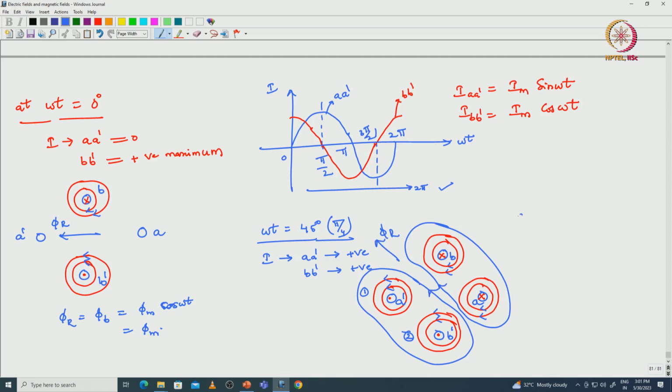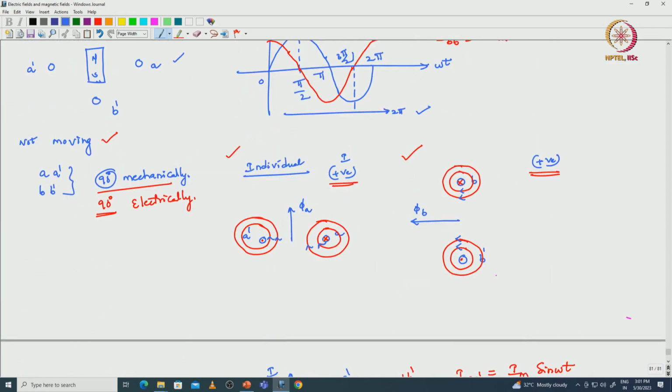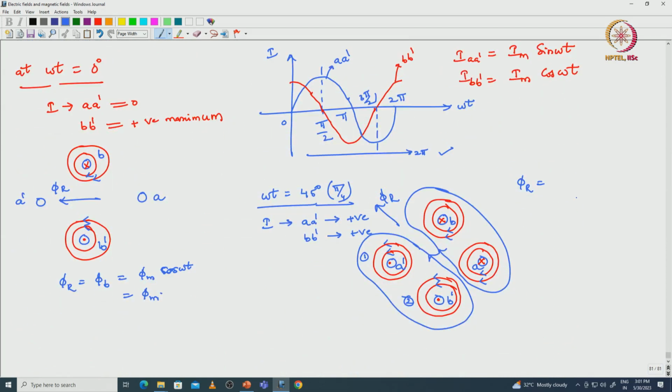In order to find the phi r magnitude, we can do the analysis with respect to the reference vectors we have considered, or we can do it the mathematical way. First we will see the vector addition of phi a and phi b. Phi a is in this direction and phi b is in this direction with respect to our reference. Both phi a and phi b are positive, so they will be in the same direction.